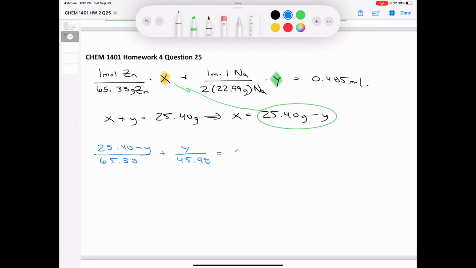And of course, all of that is equal to 0.485. Again, I'm going to leave out all the units here and just solve for Y. So we end up with 0.3885, subtract 0.0153Y is what I got, plus 0.0217Y is equal to 0.485.